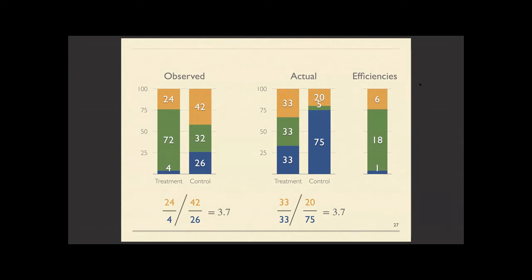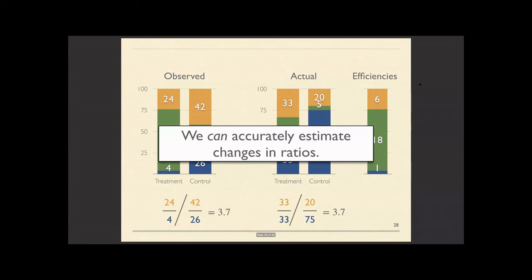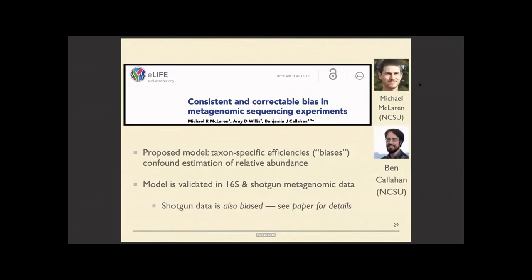Again, this is a noise-free setting. So even if we can't estimate relative abundances or changes in relative abundances based on data generated from this model, we can accurately estimate changes in the community through ratios rather than through relative abundance data. That provides some more concrete guidance about what we can do to move forward in the absence of knowing these efficiencies, which in general we don't.